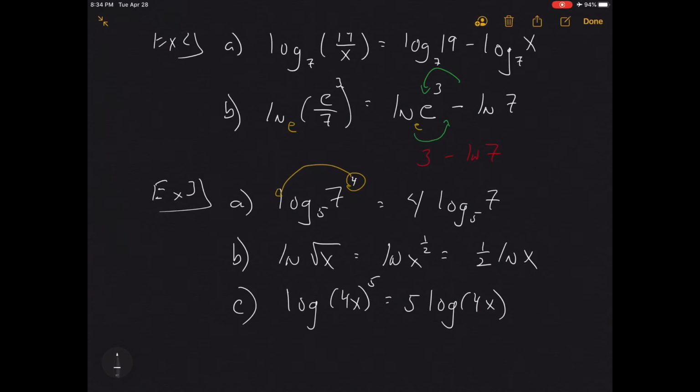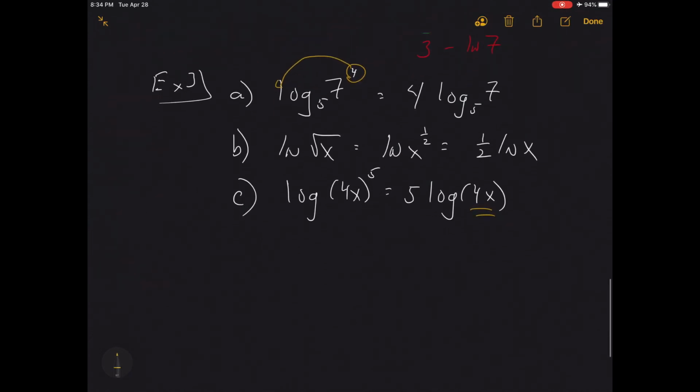But then what you should see is I also have, inside of the argument, two things being multiplied together, which means I can separate those into two separate logs which are being added together. The biggest thing is that 5 out in the front goes with both of them in this case because the 5 is being multiplied by that log.